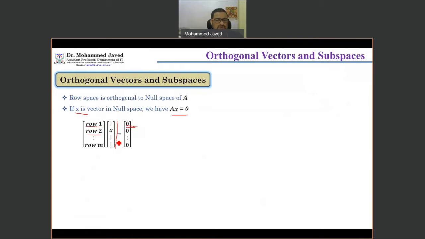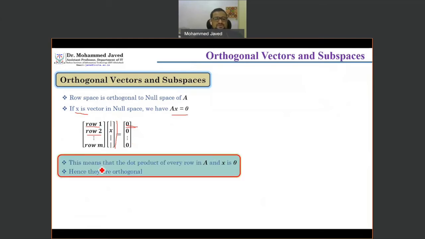Similarly, row 2 is perpendicular to this vector. All the rows, when they multiply with this vector in the null space, give 0. This means that the dot product of every row of A and x is 0. So the rows and the column x meet at a right angle; the angle between them is 90 degrees. Hence, they are called orthogonal.